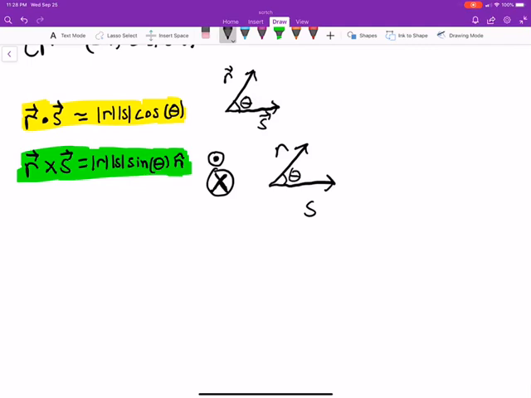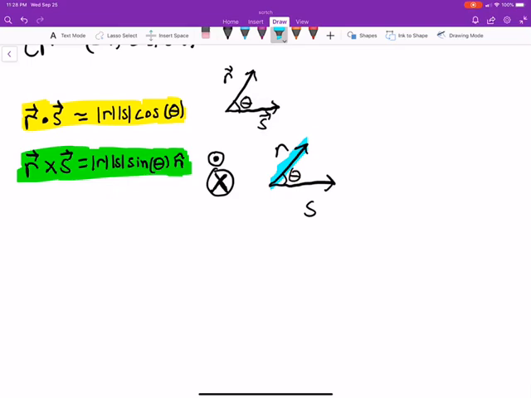So which one is it? Well, that's just by the right hand rule. So you'd place your fingers in the direction of r. We want our hand placement in such a way that if we curl our fingers, it curls towards s.